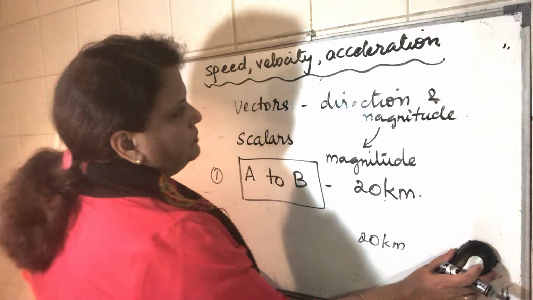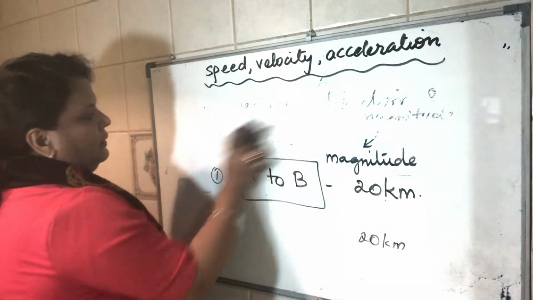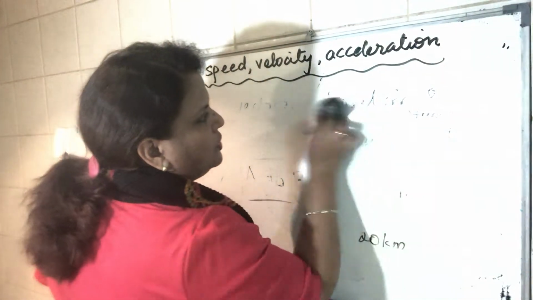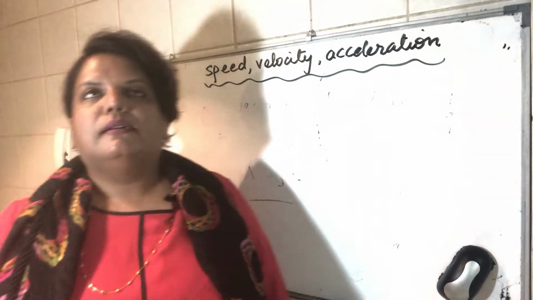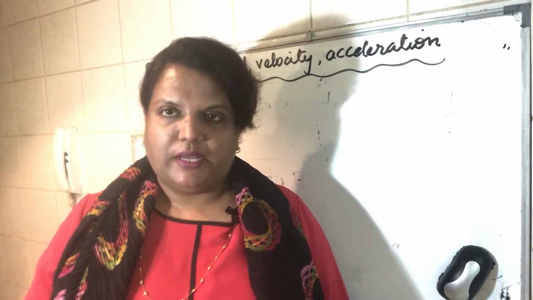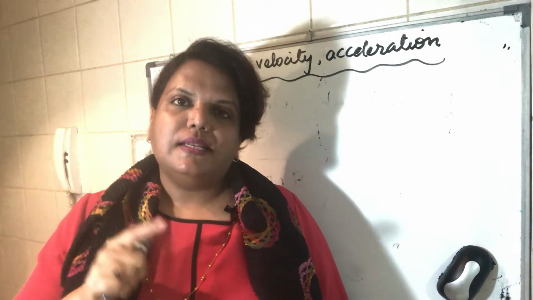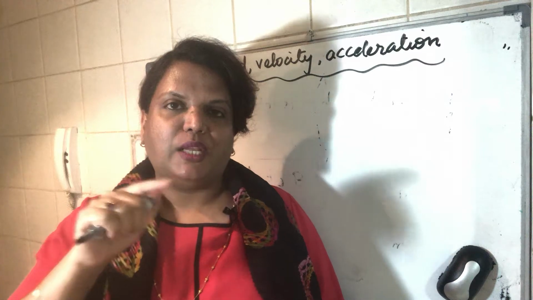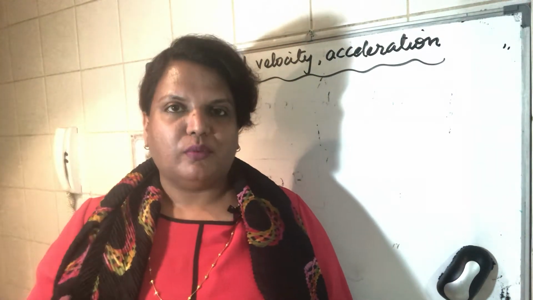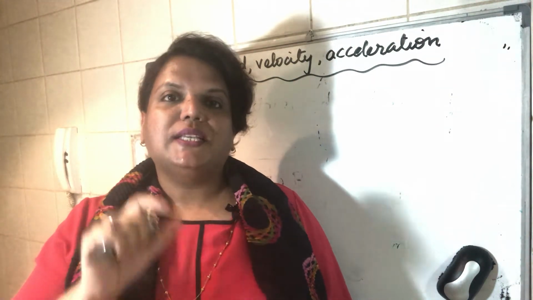Now, coming to the quantities that are scalars and vectors. Now, distance and displacement. When I said the first statement, A to B traveling 20 kilometers, that is referred to as displacement.